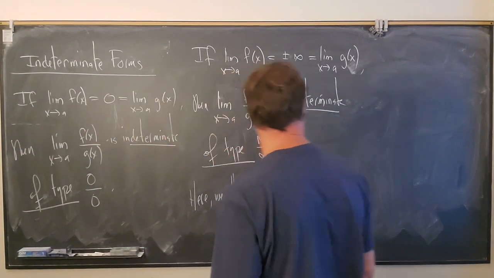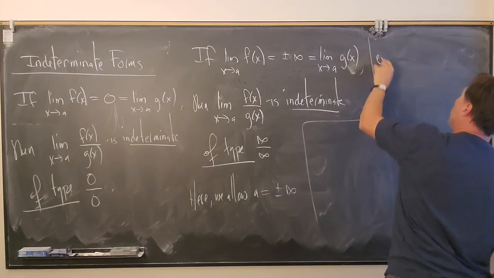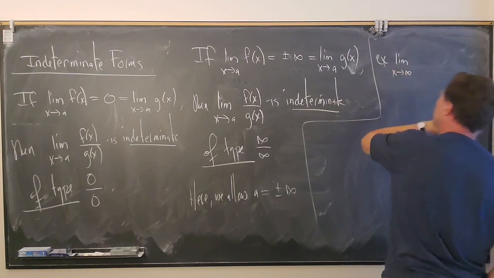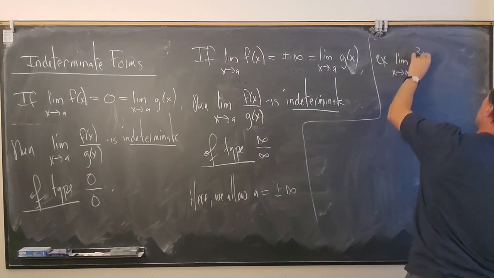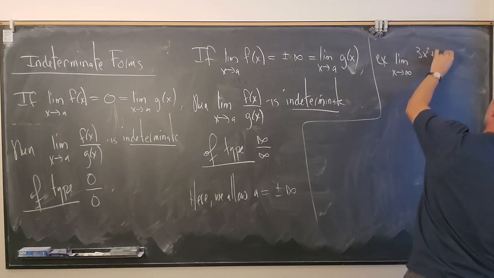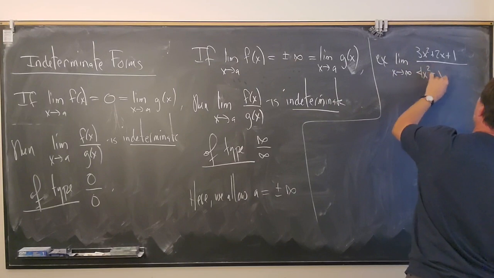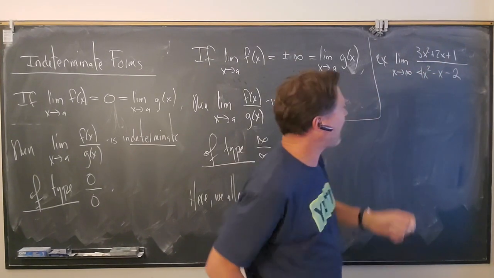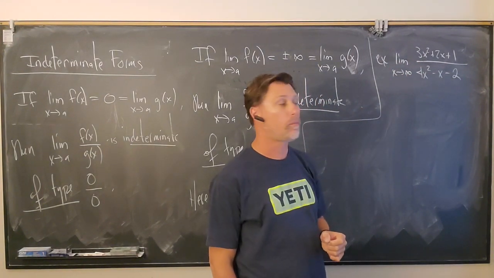So for example, let's look at the limit as x goes to infinity of 3x squared plus 2x plus 1 divided by 4x squared minus x minus 2. You probably encountered this limit in Calc 1.